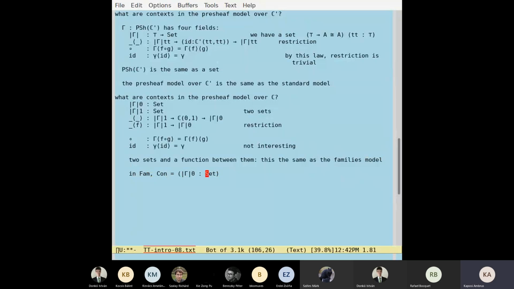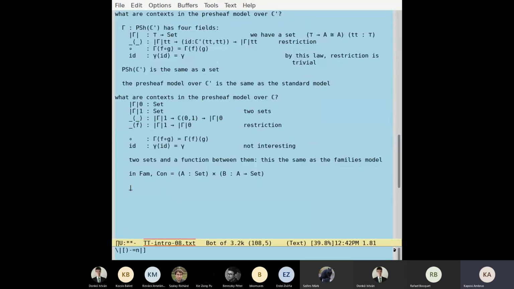Let me write a notation which will be helpful, or maybe I should just call it A. Okay, an A set and a B, which is an A arrow set. Right. This was the families model. So set and the family over it. That's why it was called families model. But this contains the same data, because you can check that if you want to.